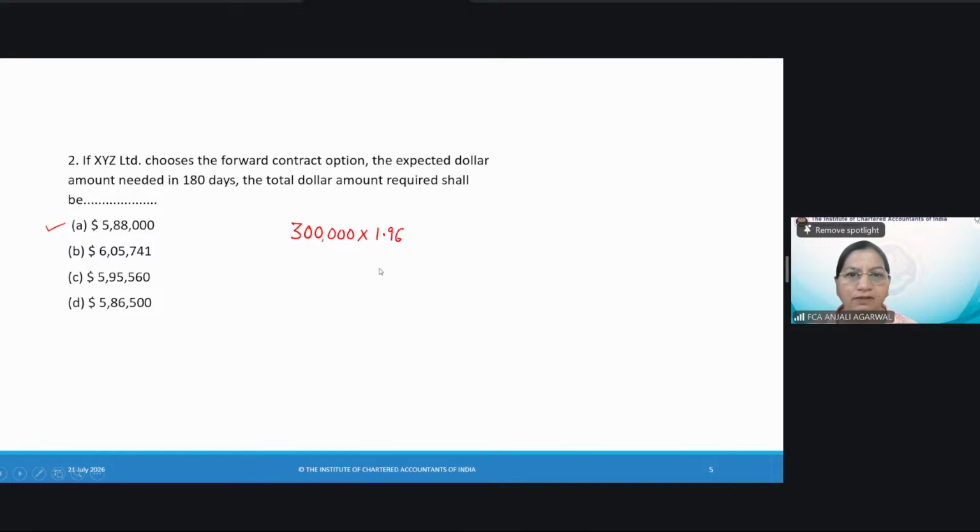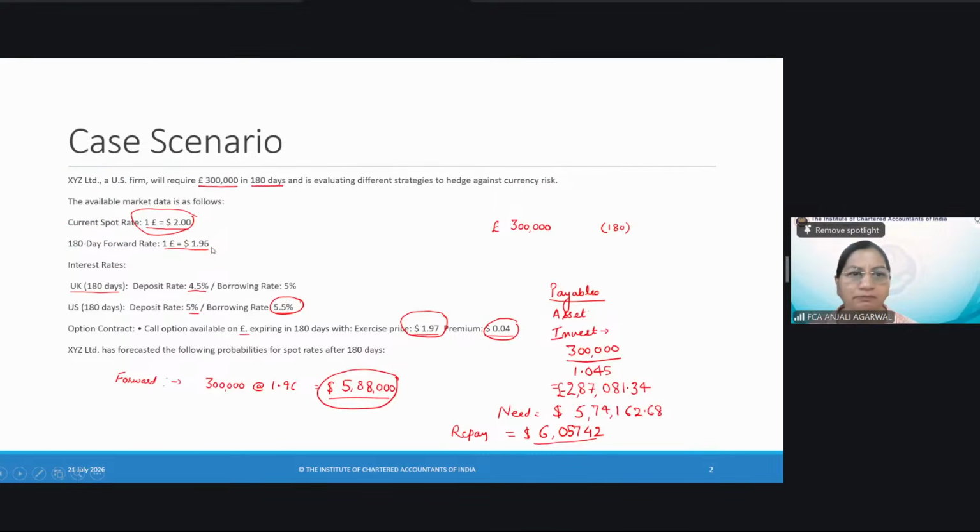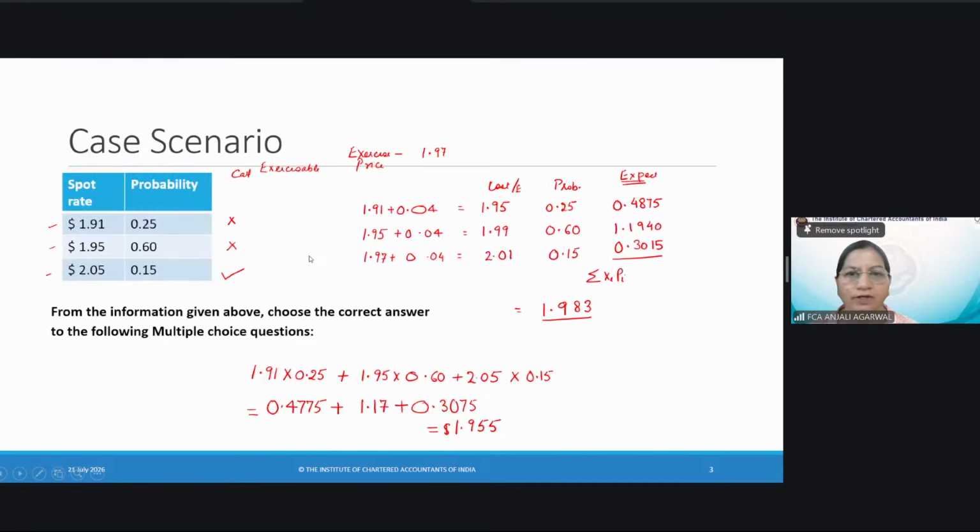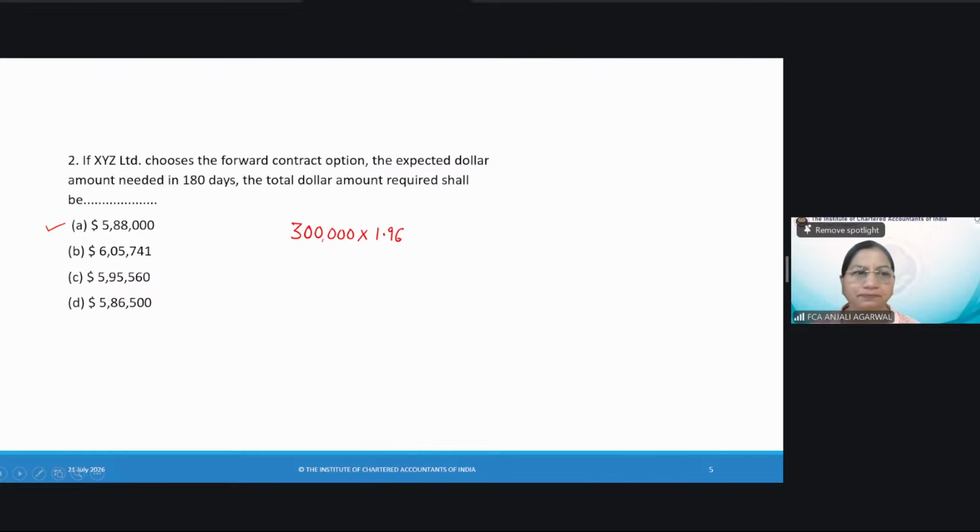That's the dollar price, forward price. 1 pound is equal to $1.96. So 5,88,000.